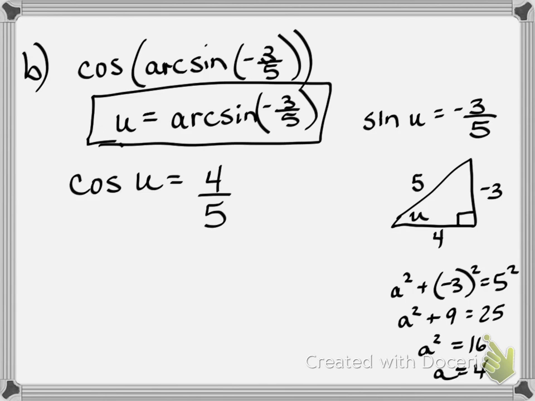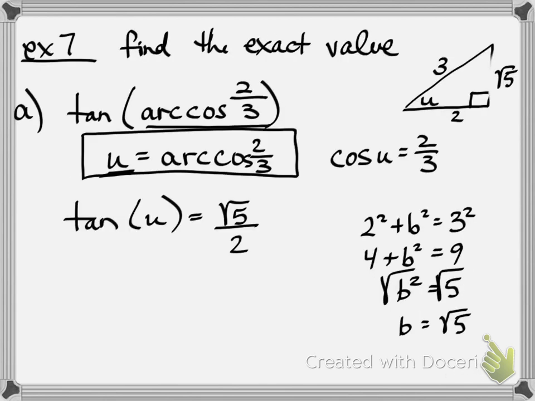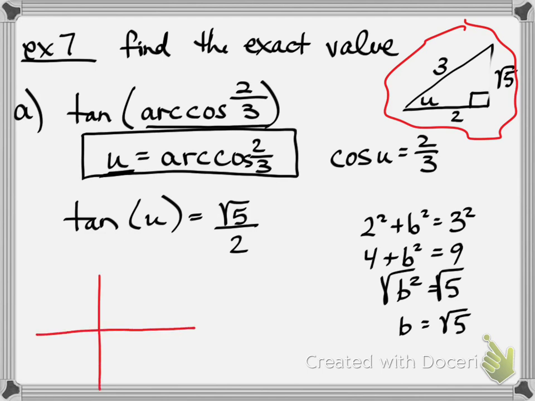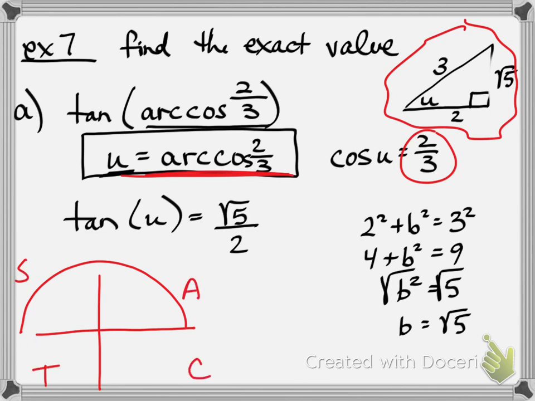Okay, I remembered something when I was looking at the book. I don't need to be quite so sloppy in just drawing this U triangle. I need to think about where it's at. Since we're doing cosine, arc cosine, we're in these two quadrants, and the cosine is positive. If you look at your positive x, it's positive in these two quadrants.